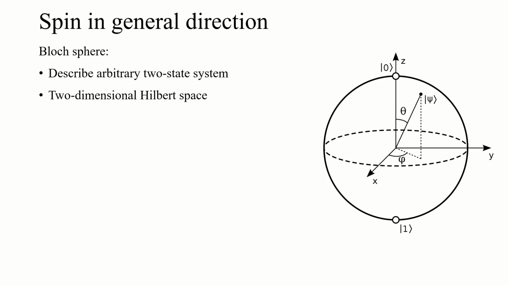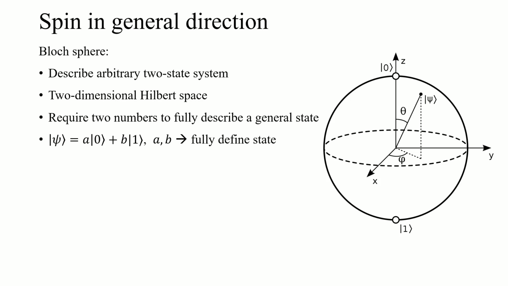What that means is you need two numbers to describe any general vector in that space. In the way we've been writing it, it's just a linear combination of that 0 and 1 state, whatever they are. A and B would fully define that state. What we've just shown is we can also use theta and phi to fully describe that state.